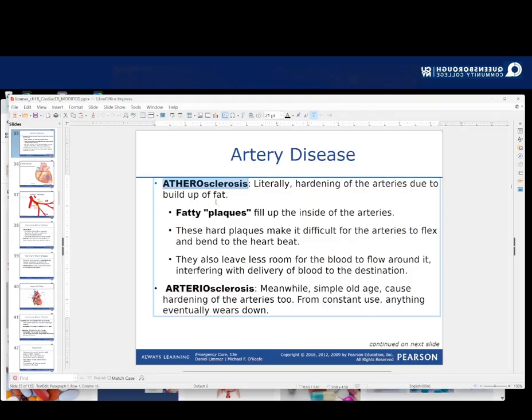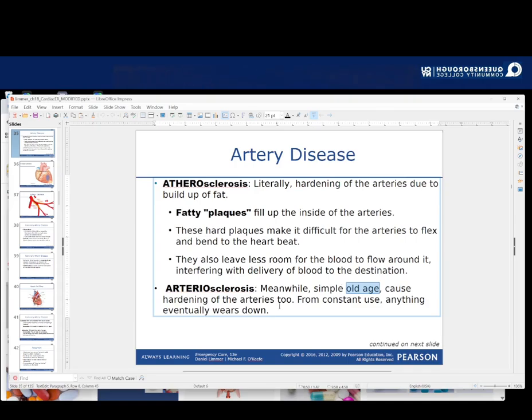Now, somebody who lives a very clean life could still end up with hardened arteries, which is arteriosclerosis, but arteriosclerosis is possible because of simple old age. Nothing lasts forever. Every cell has a timer, and when the cell gets old enough, it just eventually degrades.